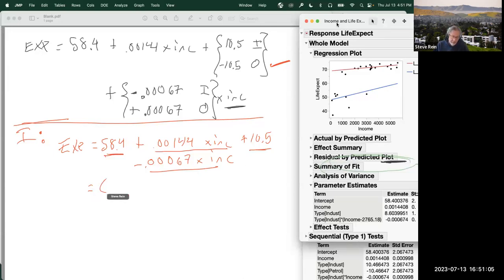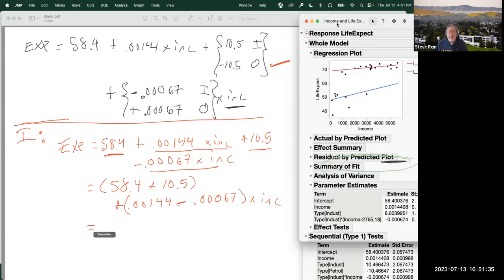So I'm going to collect the like terms: 58.4 plus 10.5, the things without income in them, plus 0.00144 and minus 0.00067 times income.